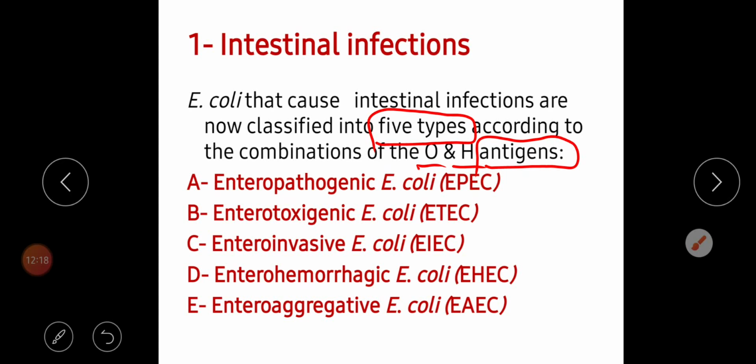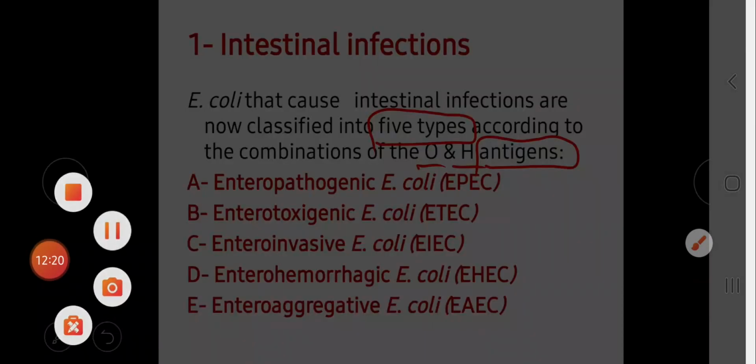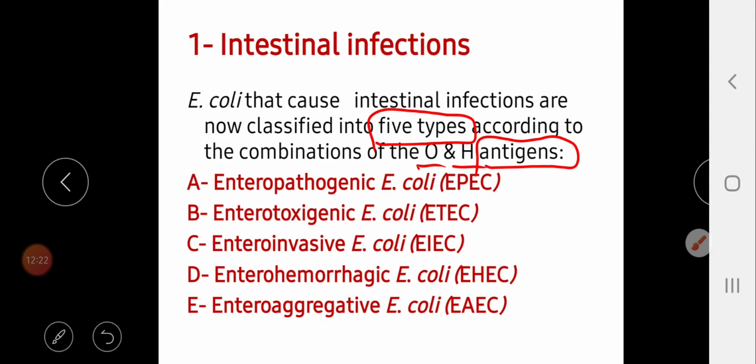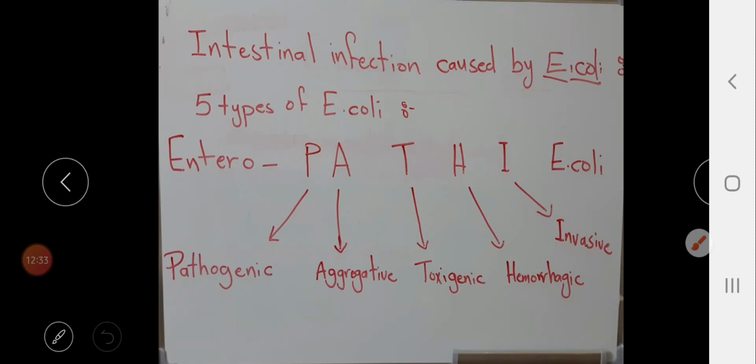So, in our case, there are 5 types of E. coli that cause intestinal infections. We can memorize them by this word, pathy.